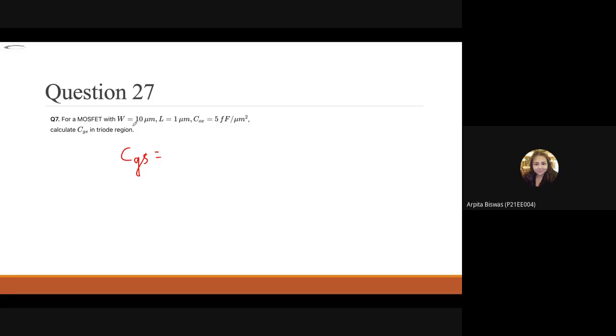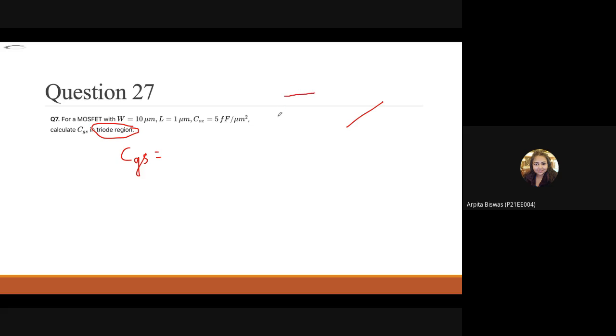It is in triad region, it is not in saturation. Previously, the condition was saturation region. In that time, the capacitance is 2 by 3, right?